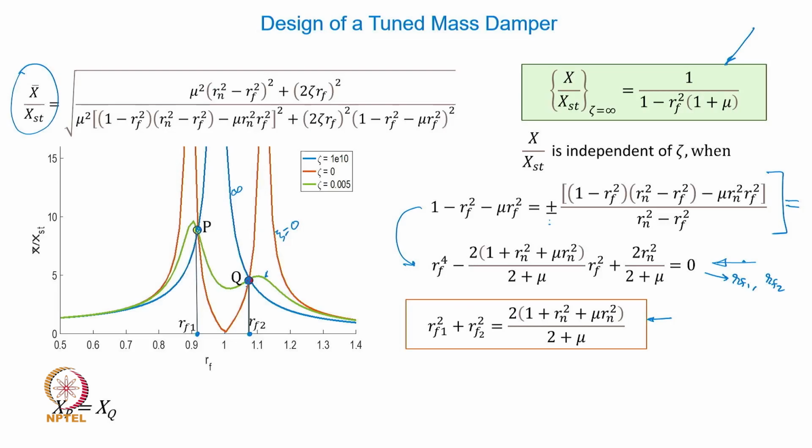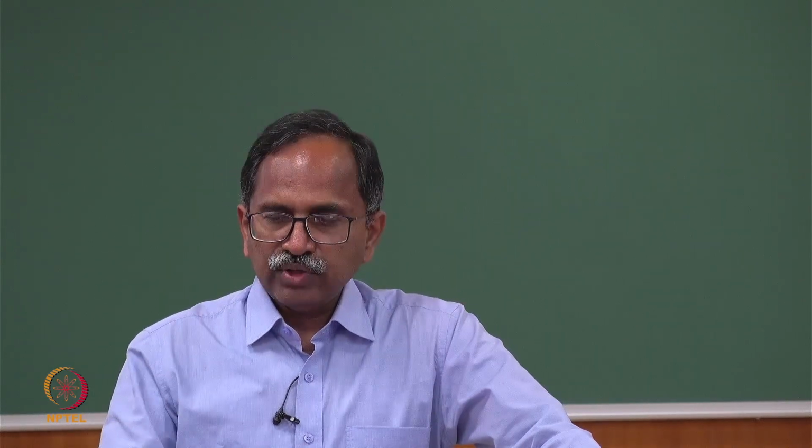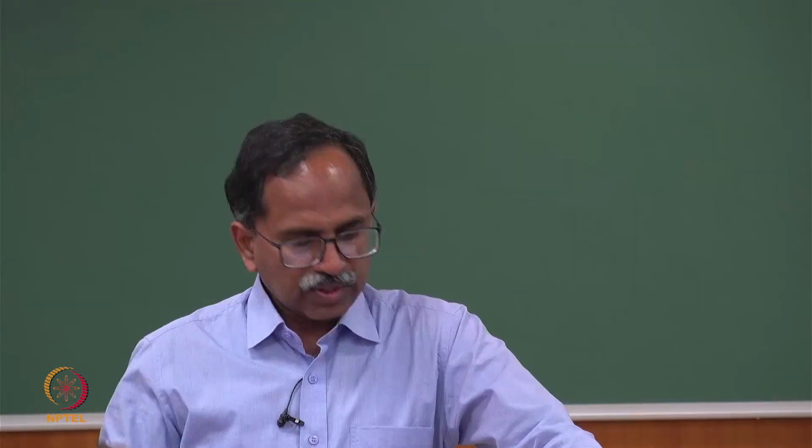We have still not decided which value of zeta we are going to use, but it is very clear that this expression will also belong to this point, because the curve of zeta equal to infinity passes through both P and Q, right? So what I am going to do is use this expression, okay?